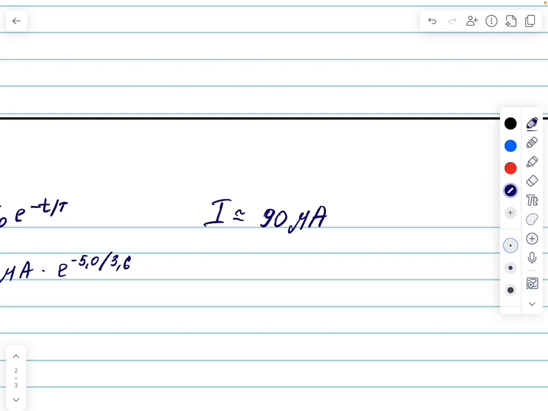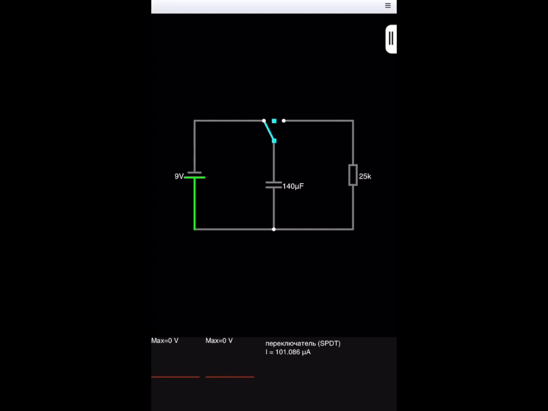Yeah, so the current after 5 seconds is approximately 90 microamperes.